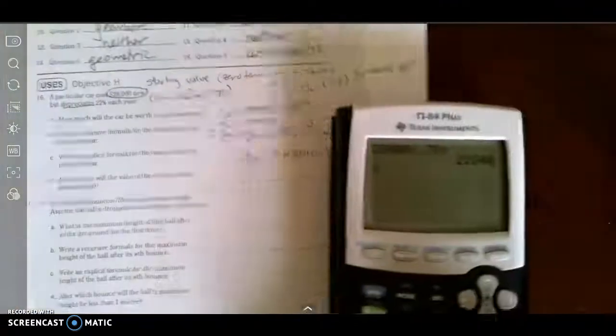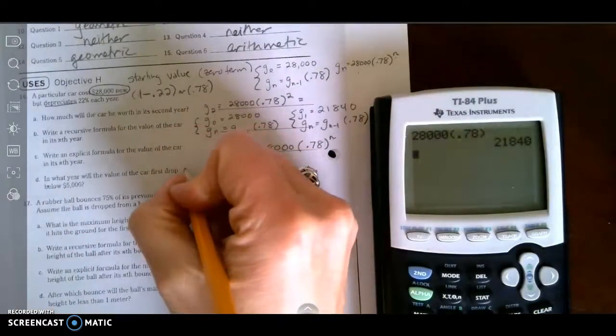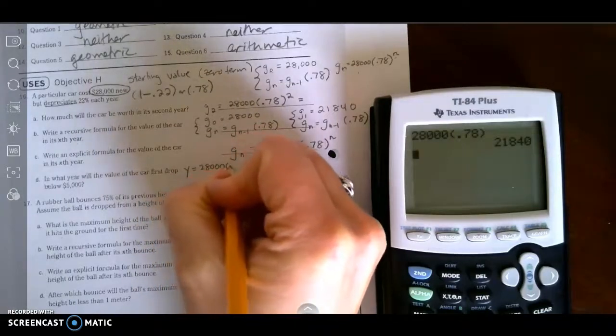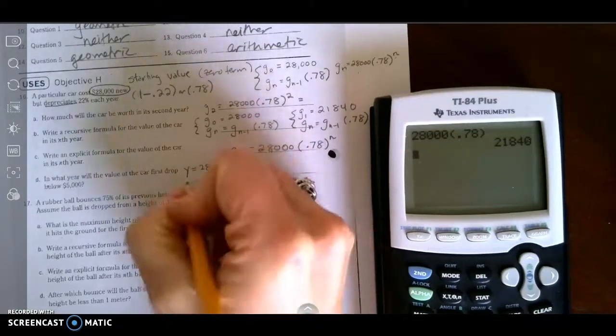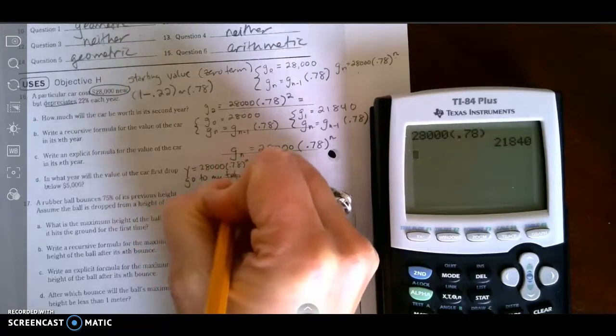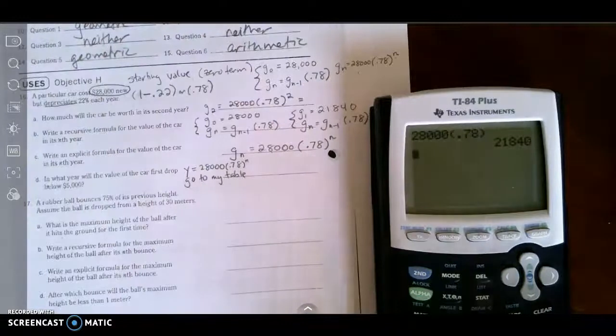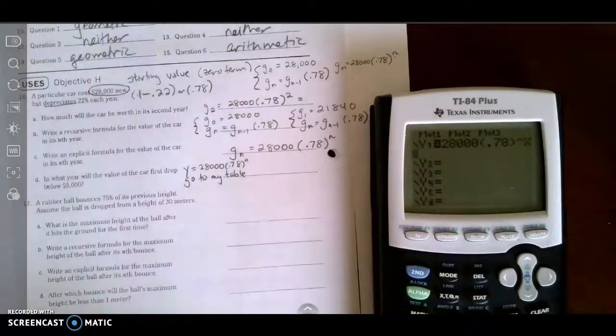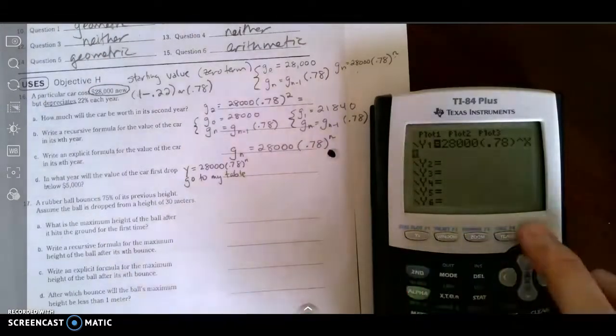What I'm going to do is I'm going to put my equation in y equals, and I'm going to go to my table. So y equals 28,000 times 0.78 to the x power, and I go to my table.